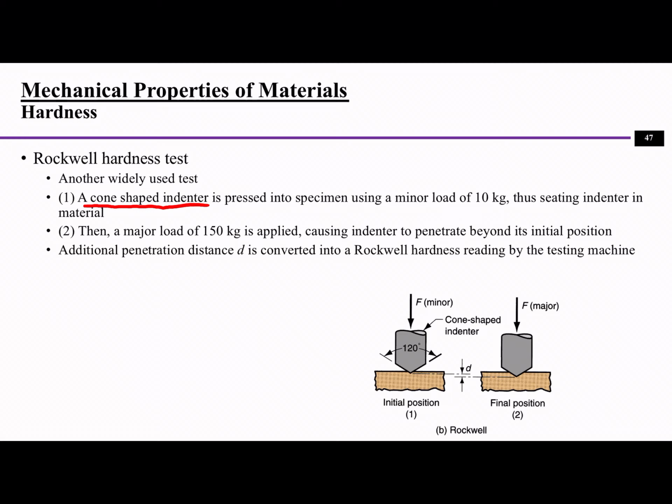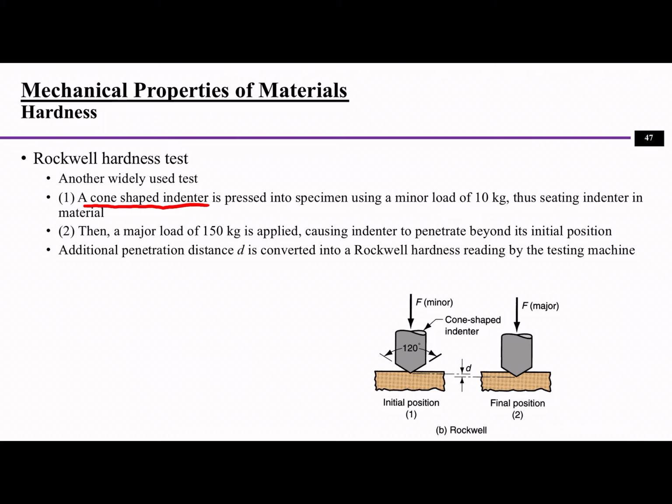For example, for some softer materials, you can use a 100 kg load. If it's a harder material, you probably use a 150 kg load. With different loads, the values calculated are also different. So that's why there are two scales of values. You can convert between them.